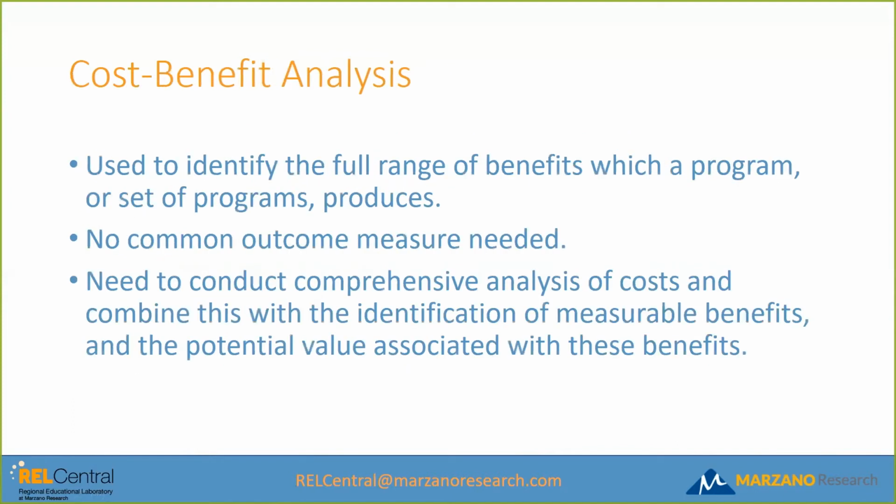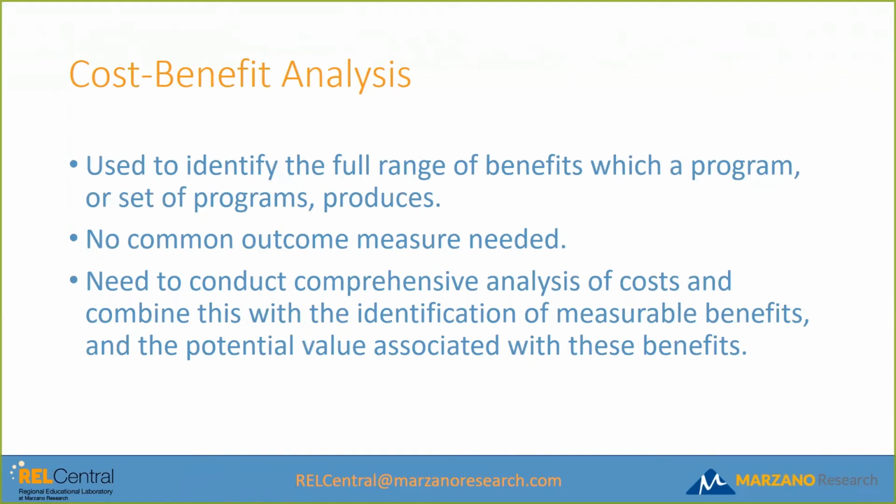And then finally, the last of the 3 approaches we're going to discuss today is cost-benefit analysis. That's essentially used to identify both the costs and a full range of benefits which the program, or maybe multiple related programs, would produce. So for instance, you may be looking at a program that improves graduation rates.